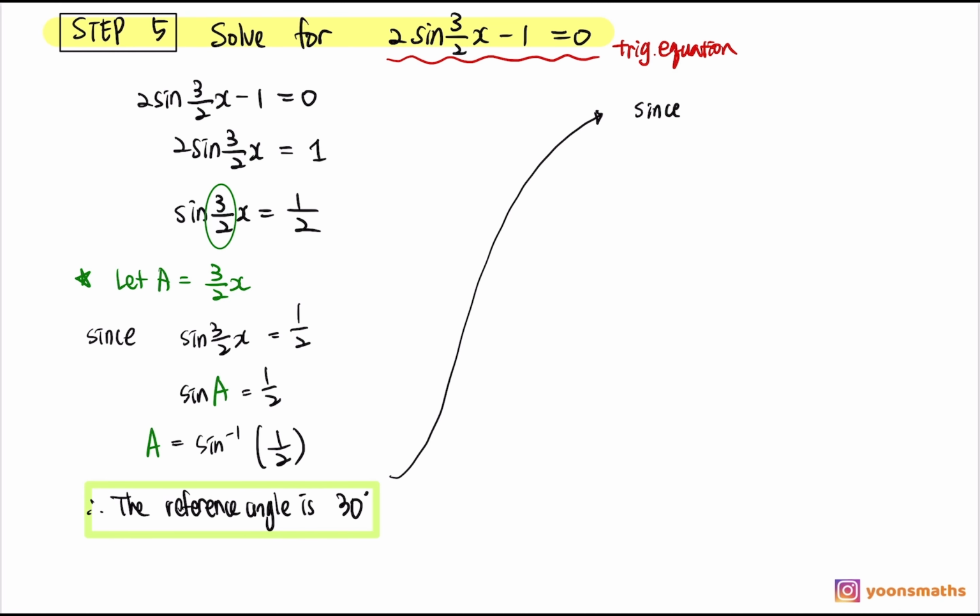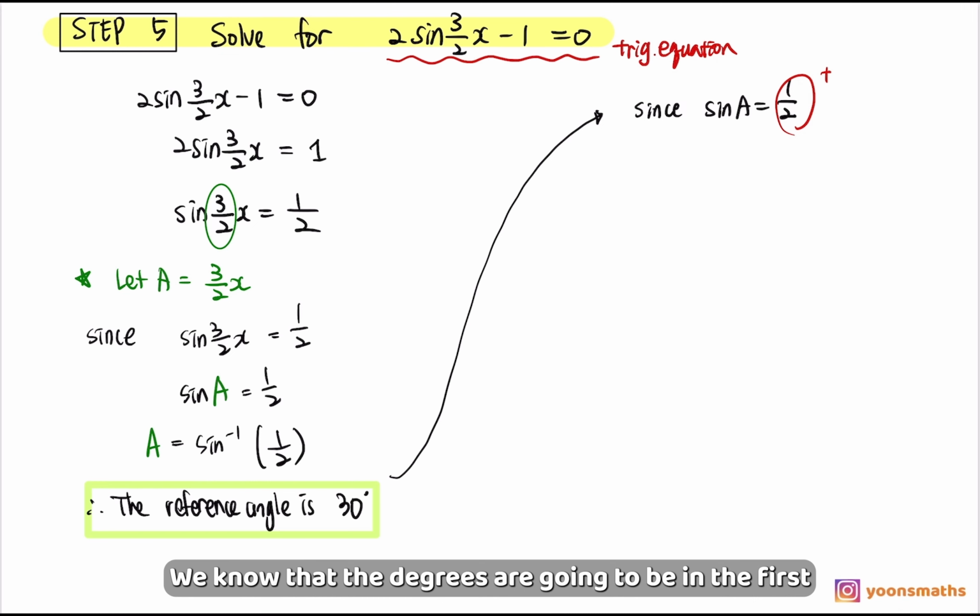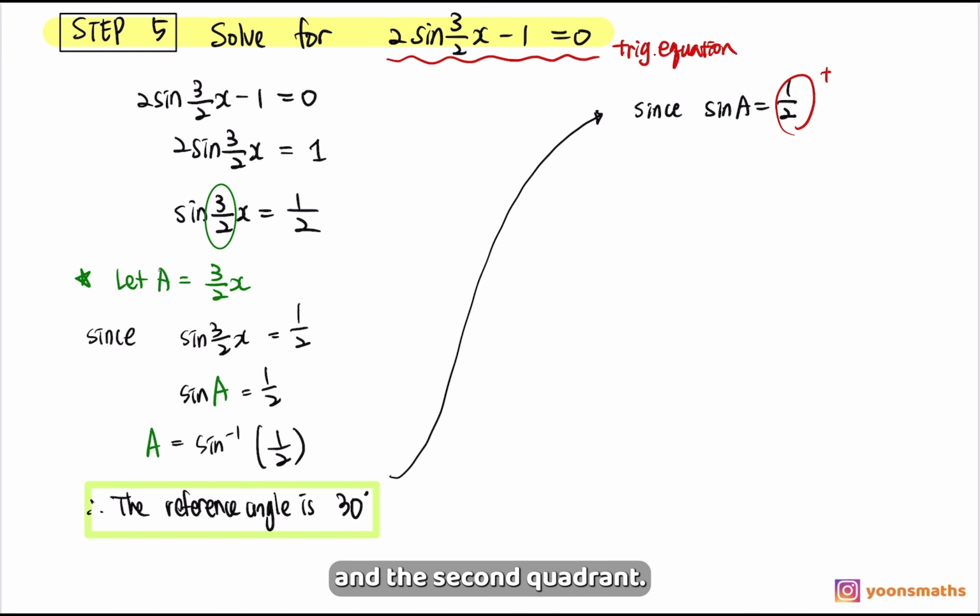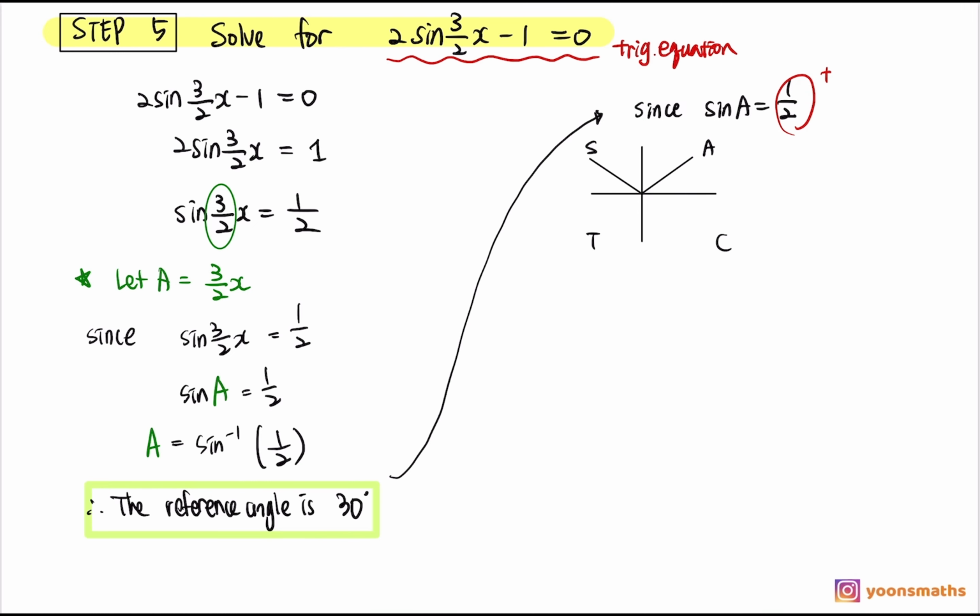Since sine a equals half, we know that the angle is going to be in the first and the second quadrant. Therefore, the value for a is going to be 30 and 150 degrees.